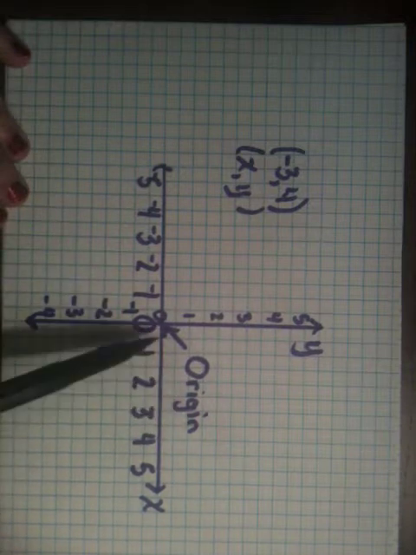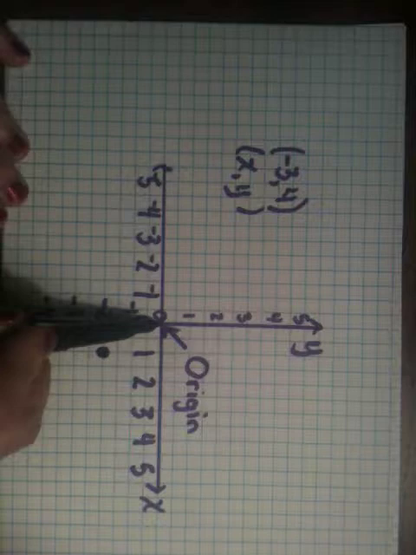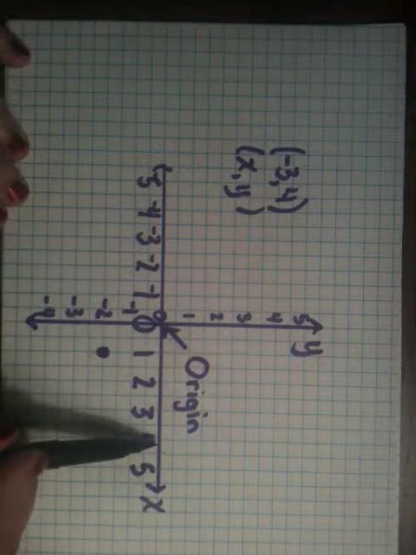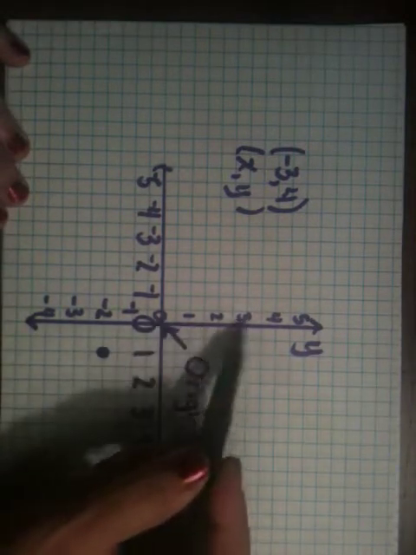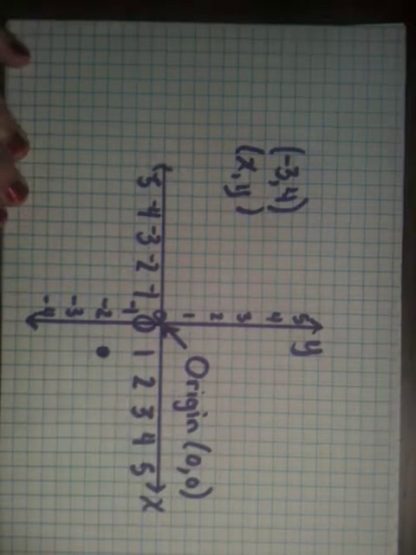The origin itself also has its own ordered pair because the origin is at 0 on the x-axis and at 0 on the y-axis. The ordered pair for the origin is 0, 0.